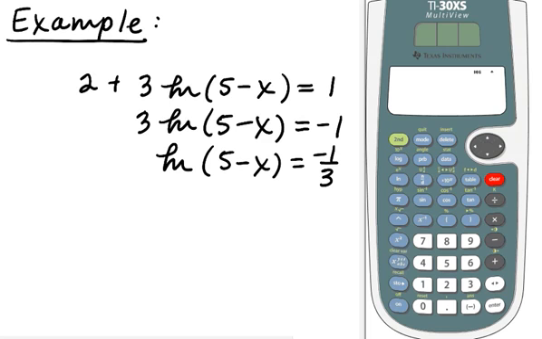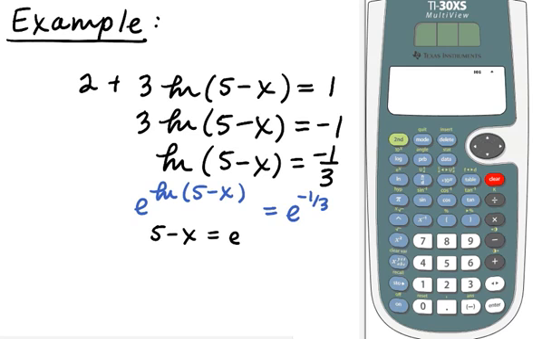And now that I've got the log isolated, I'm going to take e to both sides power. So I'll say e to the natural log of 5 minus x equals e to the -1/3. And so this is 5 minus x equals e to the -1/3.